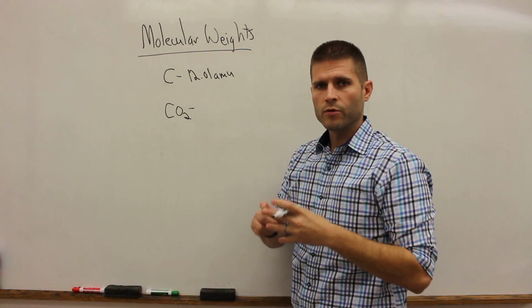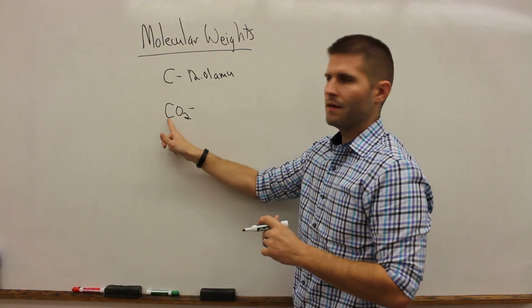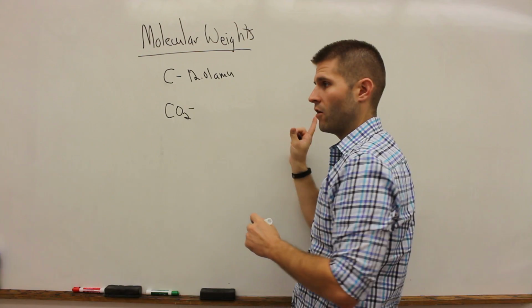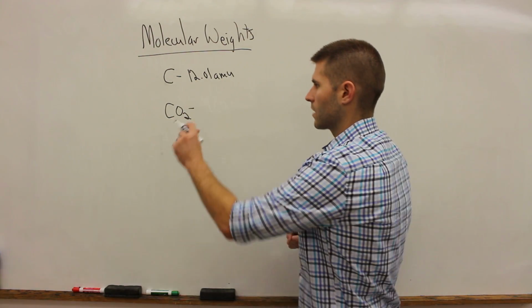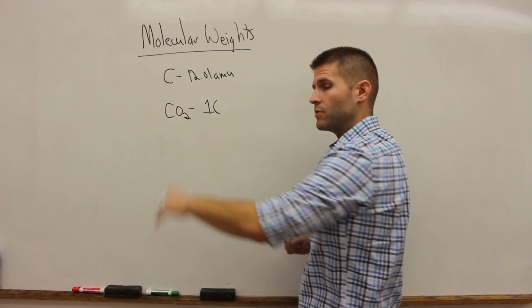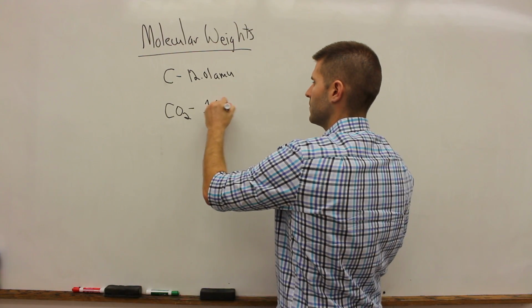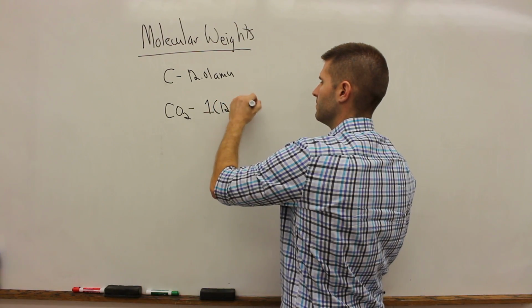So what we would do is write out an equation in such a way that we multiply the number of each element times its atomic mass and sum that over all the elements. So for carbon dioxide we have one carbon, and we're going to multiply it by its atomic mass, which is found on the periodic table, which we just said was 12.01 AMU.